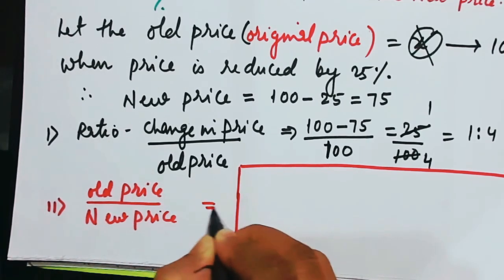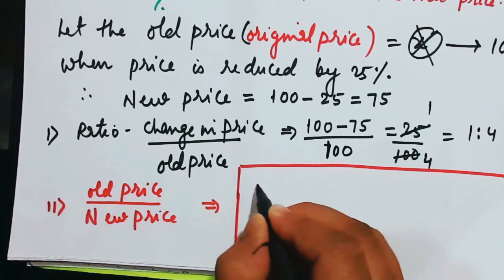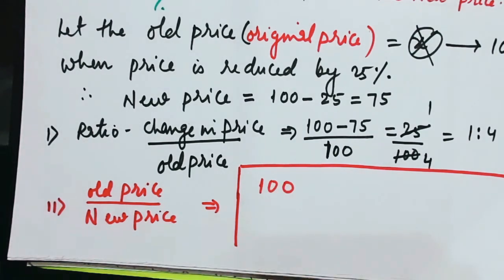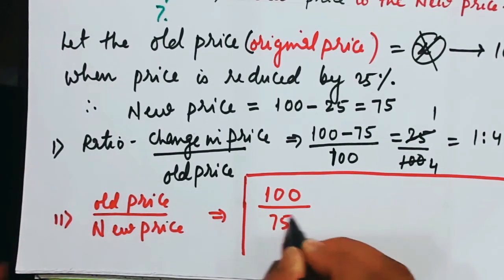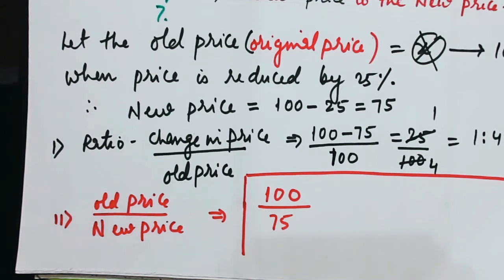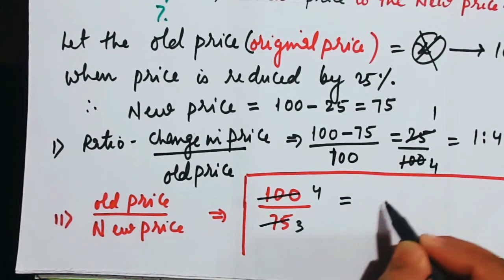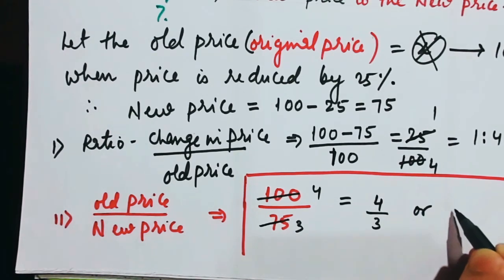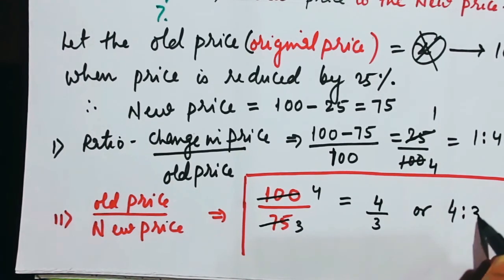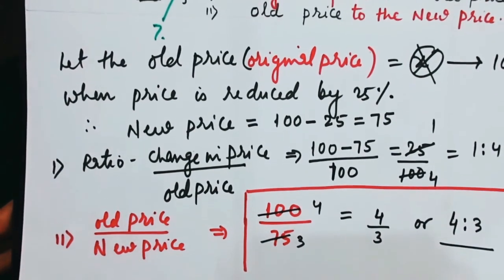So my dear, this old price was rupees 100. Your new price is how much? Your new price is rupees 75. So when you find the ratio of this after cancellation, 25 3 times, 25 4 times, you will get 4 by 3 as a fraction and as a ratio 4:3. I hope this was loud and clear.